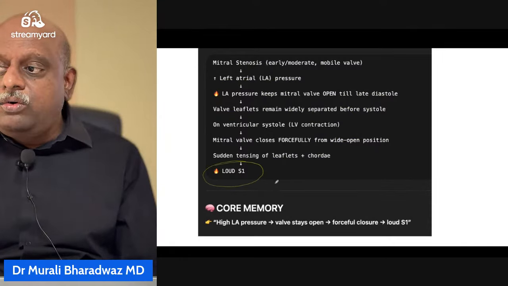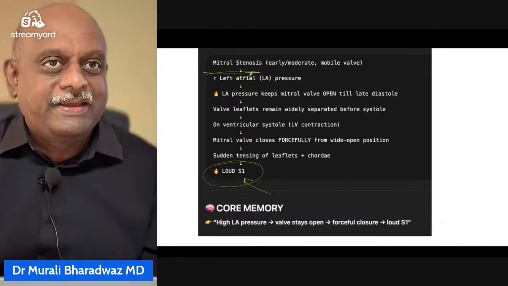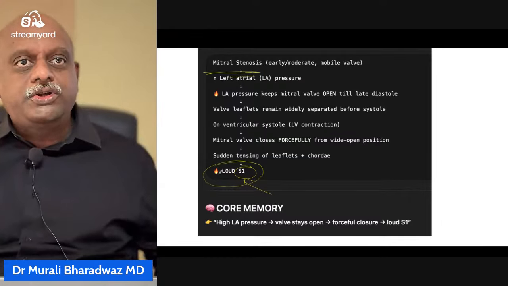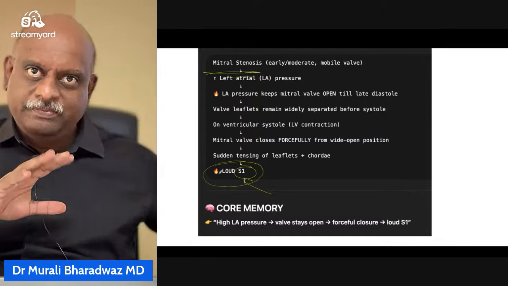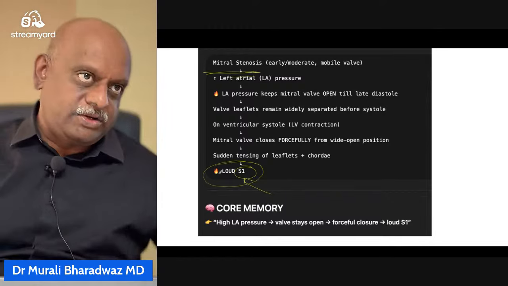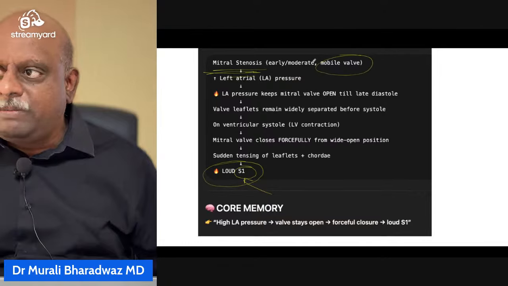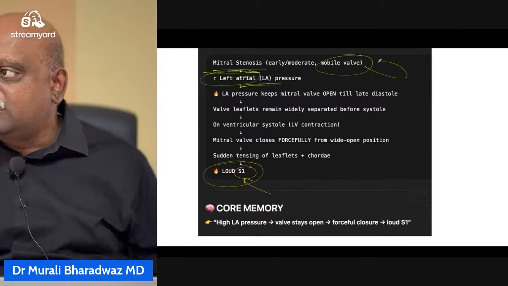Now the next question. Why is there a loud first heart sound in case of mitral stenosis? What is the logic? S1 occurs because closure of the mitral valve leads to the first heart sound. Now let's look at what happens in mitral stenosis. In mitral stenosis, when the valve is still mobile, there is an increased left atrial pressure. Why?